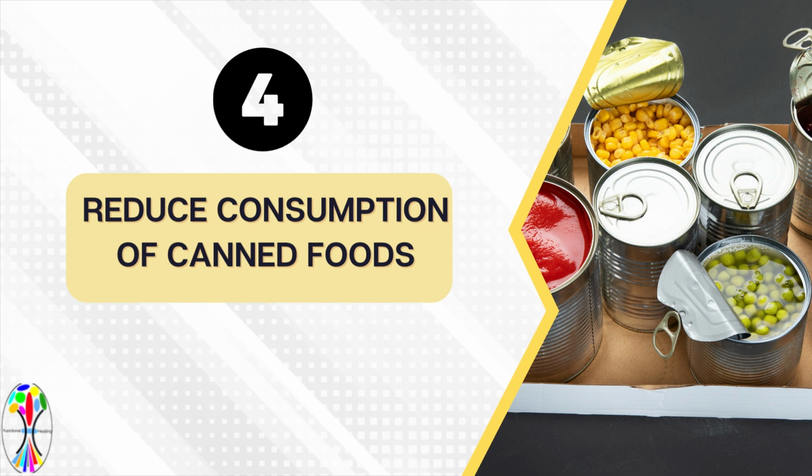We also know that aluminium has connections with dementia, particularly Alzheimer's disease. Studies have found higher levels of aluminium in the brains of Alzheimer's patients. So it is better to try and avoid canned foods and obviously avoid aluminium.